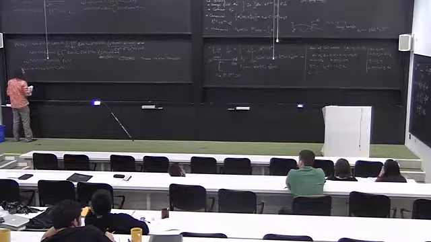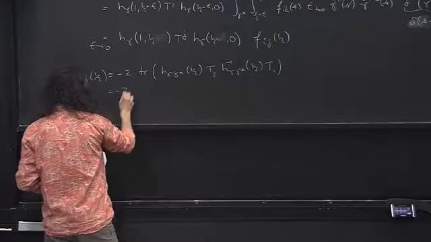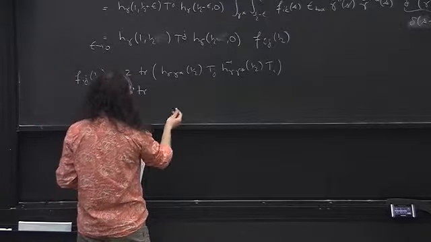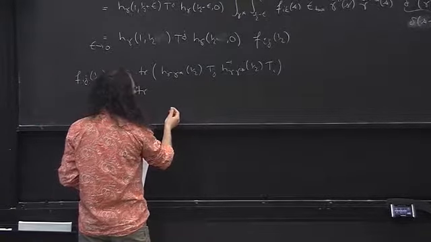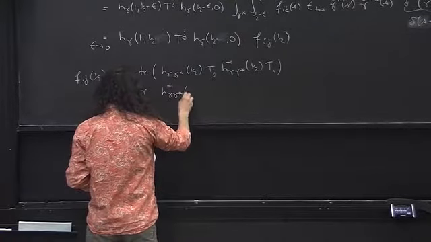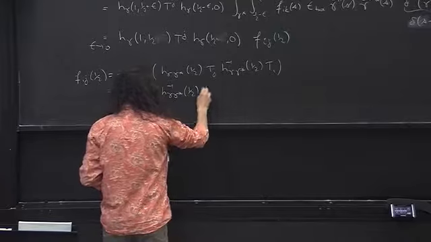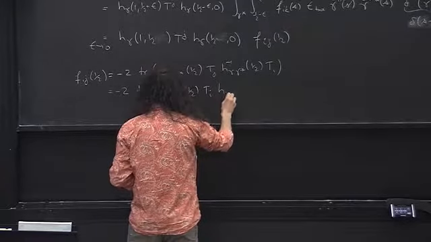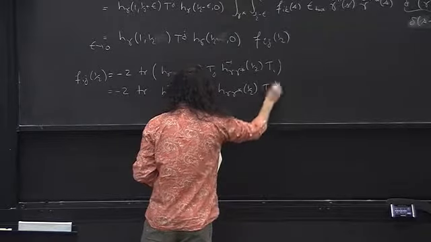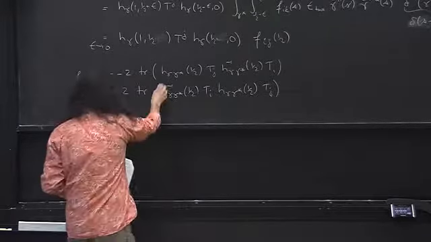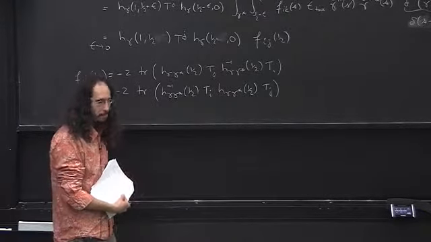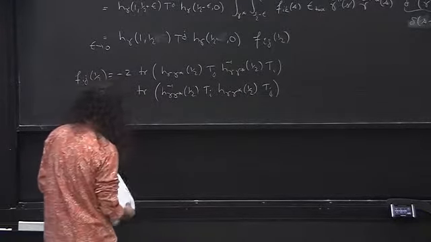And so I can use the cyclicity of the trace to write this as H gamma gamma star minus 1 1/2 Ti H gamma gamma star 1/2 Tj. So you know the trace is cyclic. So I do that.